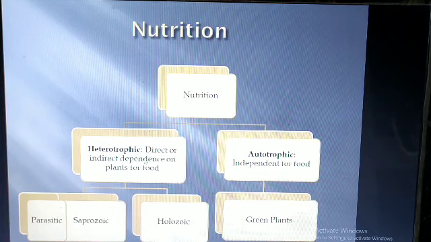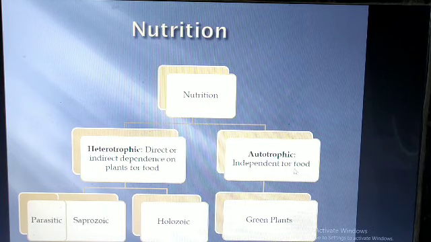So we are underlining two modes of nutrition in nature. One, the living things which are directly or indirectly dependent upon the plants for food. And here is another, autotrophic, which is independent for food. Independent means they are not dependent upon others. They make their own food.